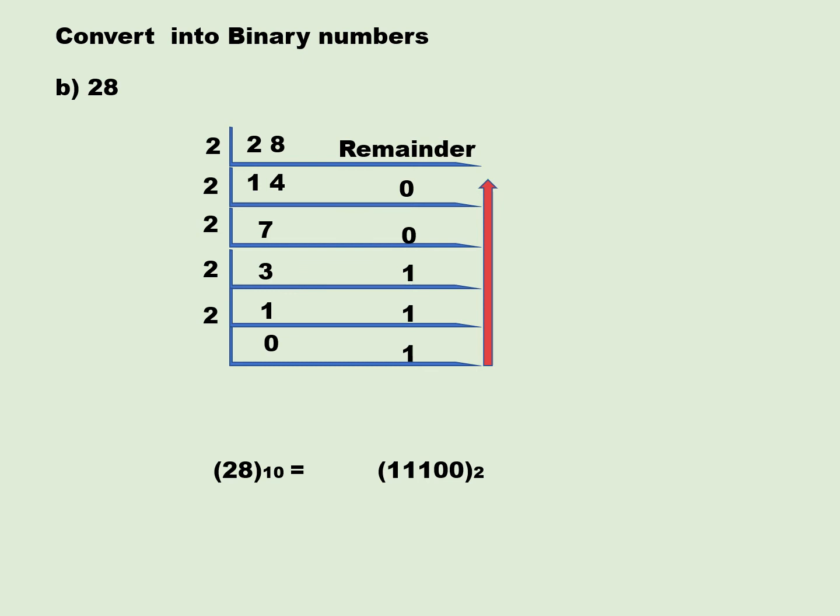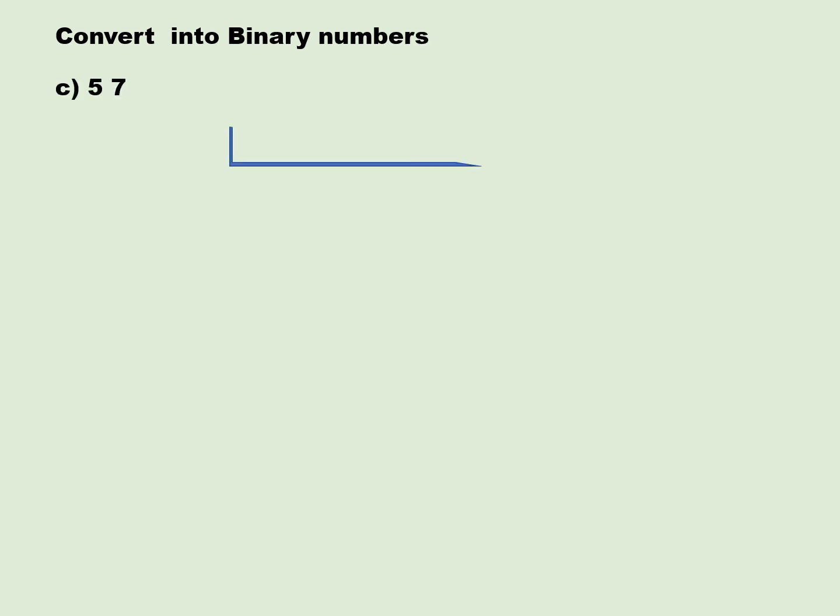Okay, we'll take one more example. See, 57. We will follow the very steps that we used in the last two cases. 57 divided by 2, then remainder section. First we will divide 57 by 2. We will get an answer 28.